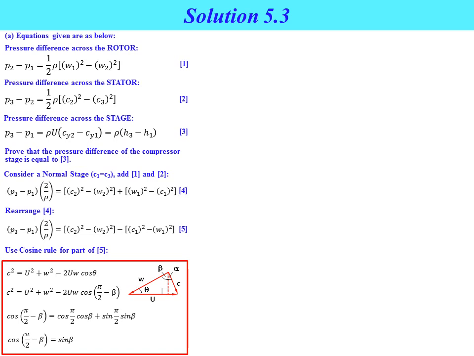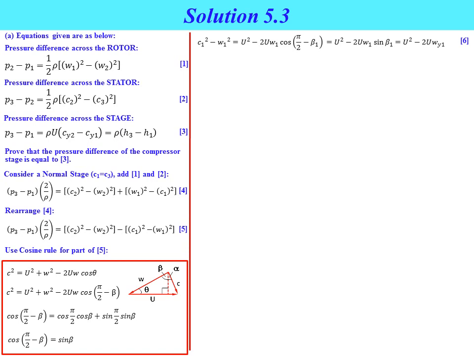By using this general triangle law and the trigonometry law, we can change part of equation number 5 and simplify it.